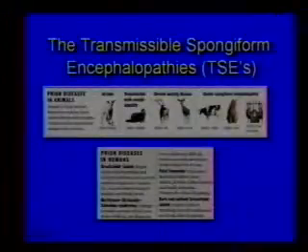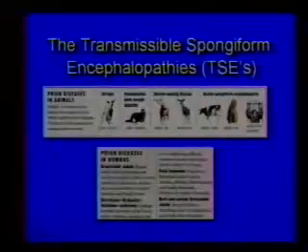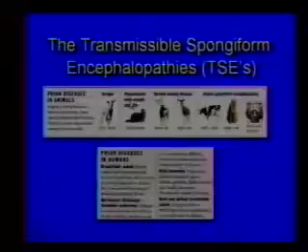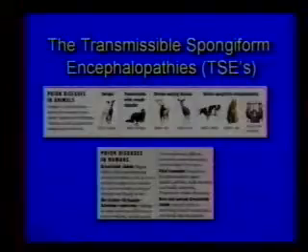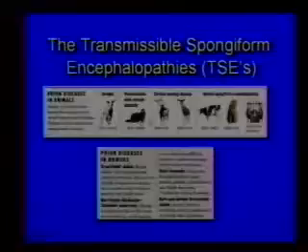And as the name suggests, this is a disease that is associated with itching, pruritus in the sheep, and they tend to rub off their fleece. But in the 1960s, we recognized a similar disease called transmissible mink encephalopathy in mink here in the United States. And that was probably associated with feeding downer cattle.